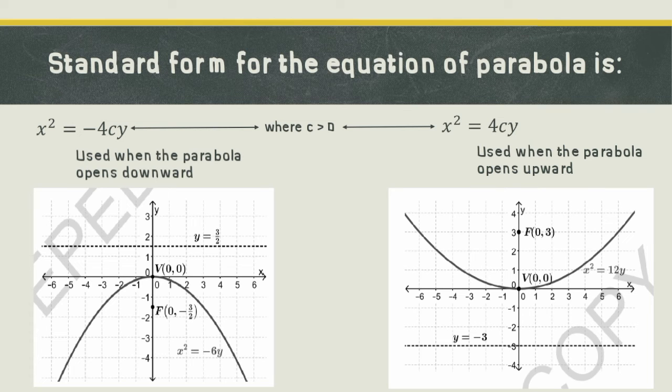Standard form for the equation of parabola is x squared equals negative 4cy, where c is greater than 0. This can be used when the parabola opens downward. Next standard form, x squared equals 4cy, where c is greater than 0. This can be used when the parabola opens upward.